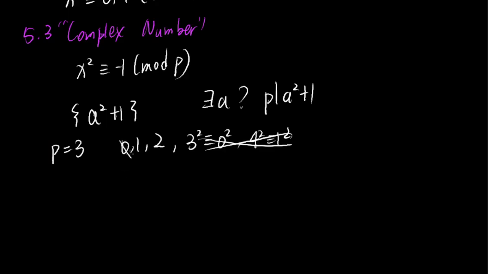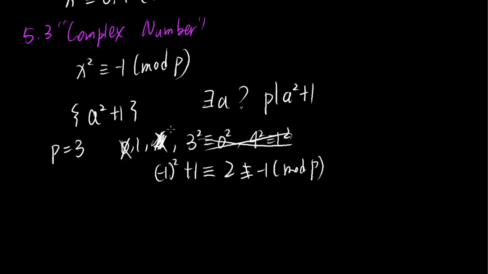We don't need to consider 0, because 0 squared plus 1 is always 1, and it's not minus 1. We also don't need to consider 1, because 1 squared plus 1 is 2. But 2 is congruent to -1, and -1 squared plus 1 is congruent to 2. So here, when p is equal to 3, there is no valid solution.